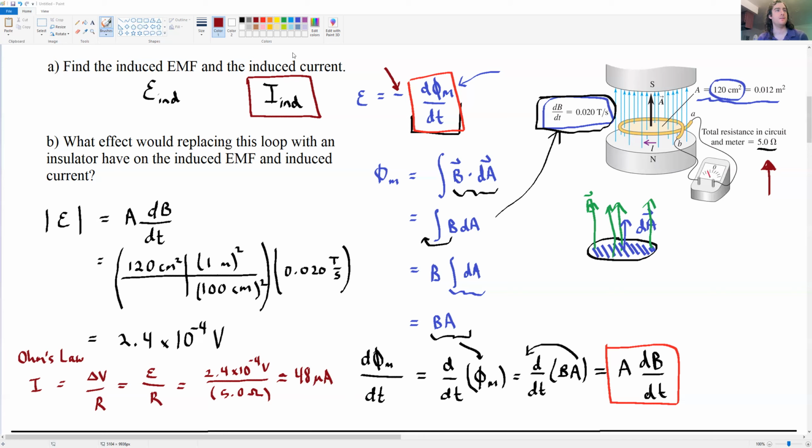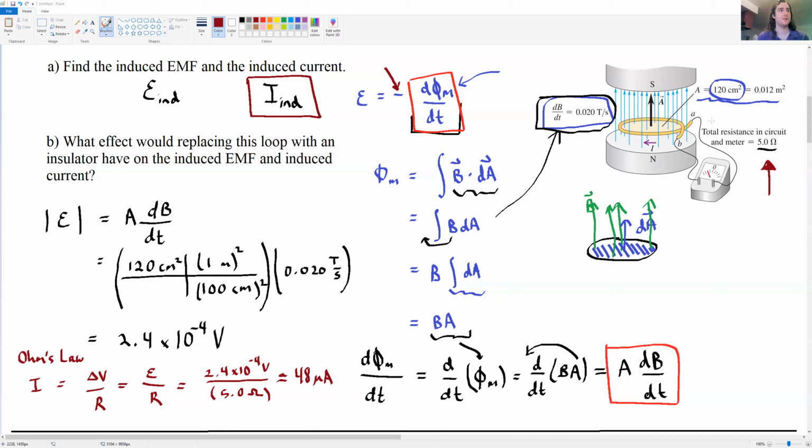Is the area of that loop going to change if we replace the wire with an insulator? I have 1 no here. Of course, when we replace the wire with an insulator, we're not going to change the parameters of the problem. We're going to keep the shape the same. The area is not going to change.